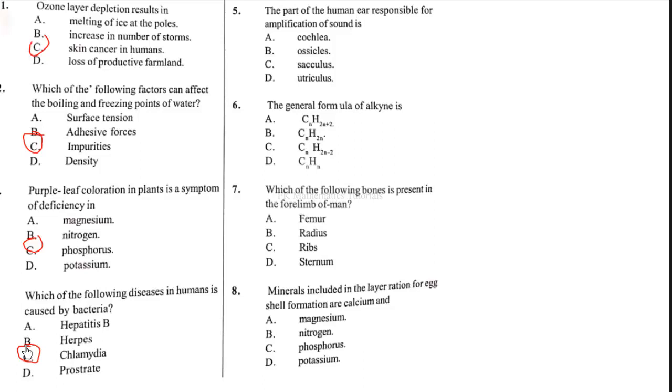The part of the human ear responsible for amplification of sound. We have the cochlea, ossicles, circulars, then we have atrioculars. The ossicles are also referred to as the auditory ossicles. They will amplify the sound.